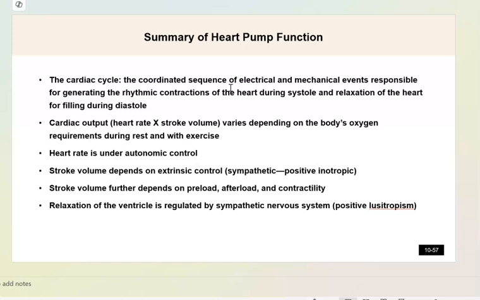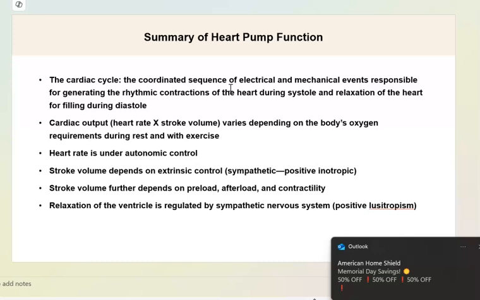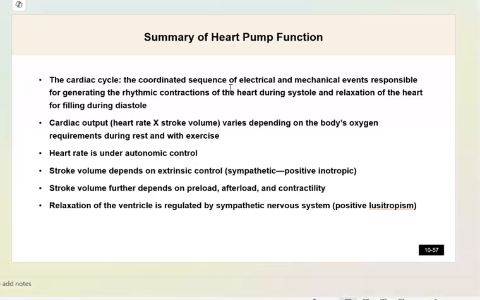Our heart rate is under our autonomic control. Our stroke volume depends on extrinsic control with the sympathetic nervous system because it will act as a positive inotrope. The factors that affect our stroke volume would be preload, afterload, and contractility. Relaxation of the ventricle is regulated by our sympathetic nervous system as well.